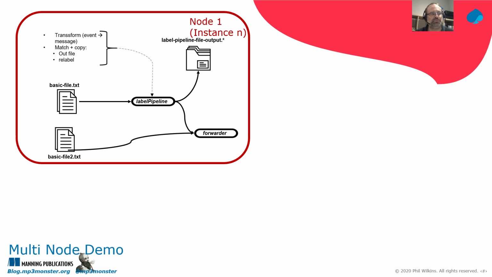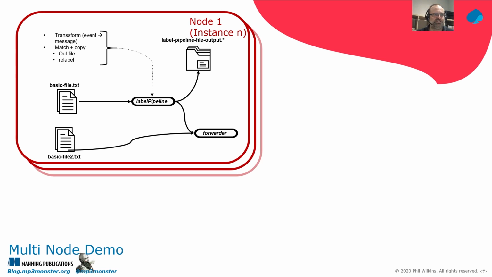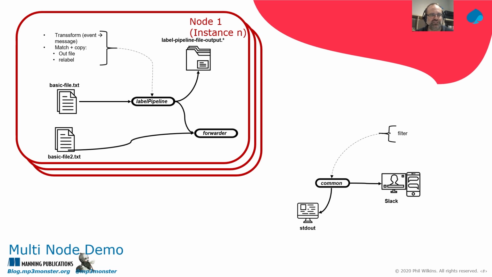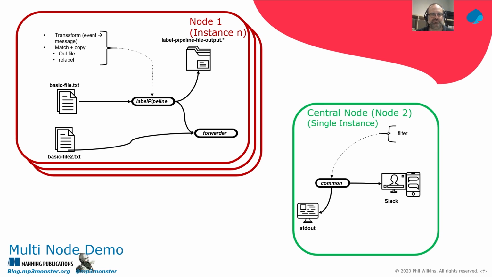You're not opening up firewalls or things like that into that node, other than allowing the traffic that's part of the application. And I'm going to forward that into effectively the idea of a central point, which could be running on a separate node. In the demo, we're going to talk about node 1 and node 2. So node 2 is my central point, and we're going to have a common pipeline that's going to filter out some of the log events.